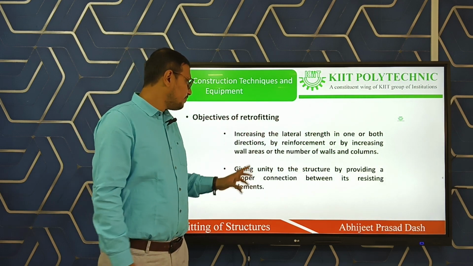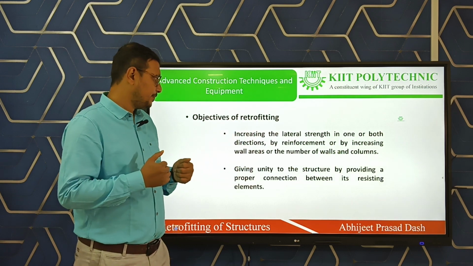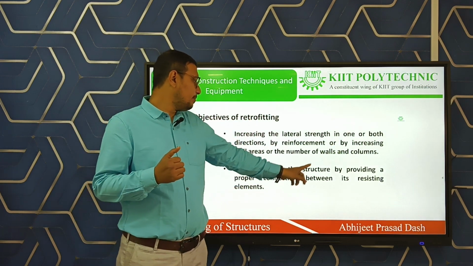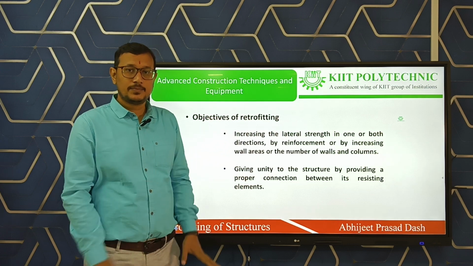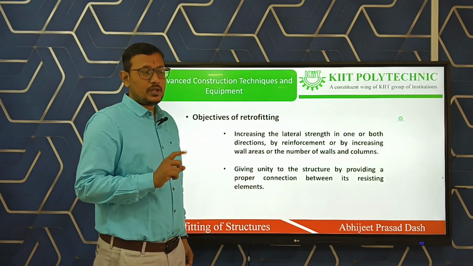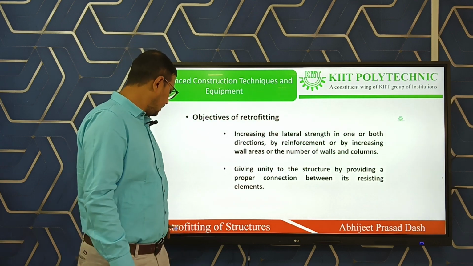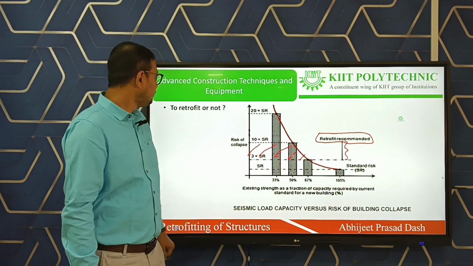The second is giving the total structure a unity by providing proper connection. So we will work here on the connections, on the cross sections, on the areas of cross sections.